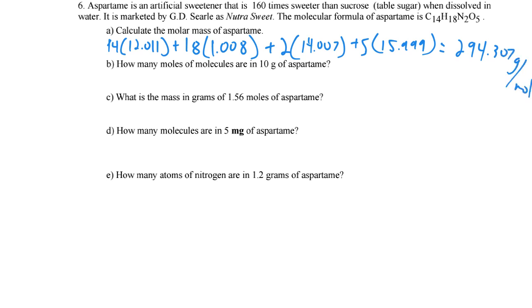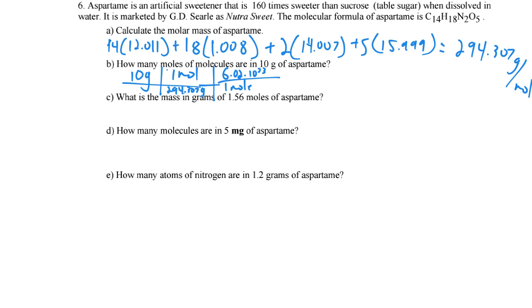Now to convert to molecules, we'll just start with our 10 grams. Convert to moles first. 1 mole is 294.307 grams. And then we'll go moles to molecules using, again, Avogadro's number.